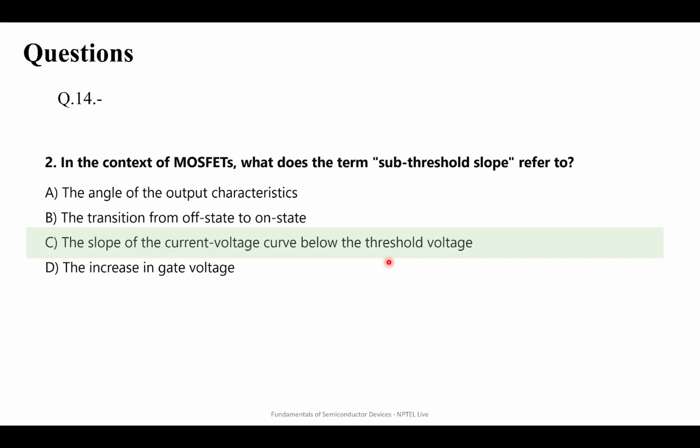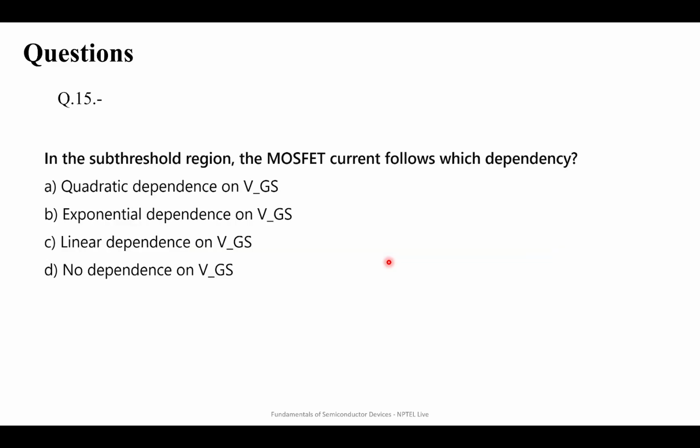There is some current you will find even below VT, and the slope of that curve between ID and VGS is our subthreshold slope. Sir, can you explain one more time, sir? I will. Let's do two questions. After that, I will explain.